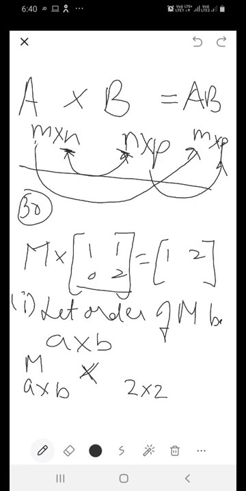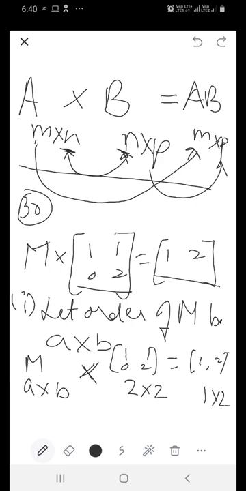The order of the product is one row and two columns, that is 1 by 2. The matrix given is 1 1 0 2.